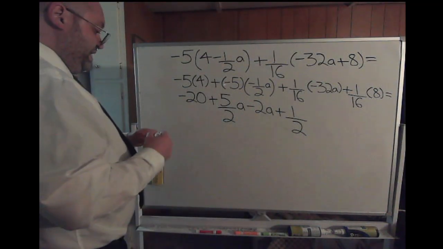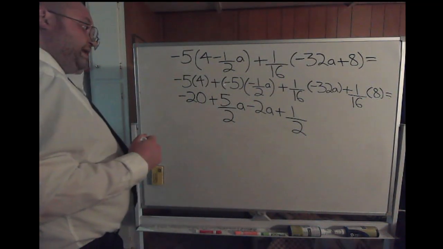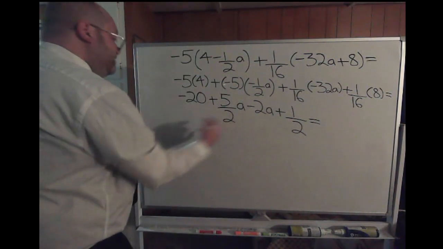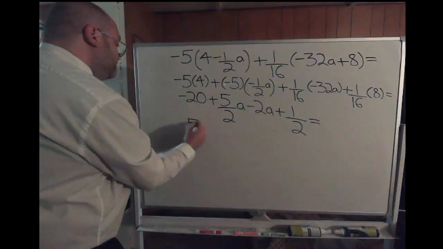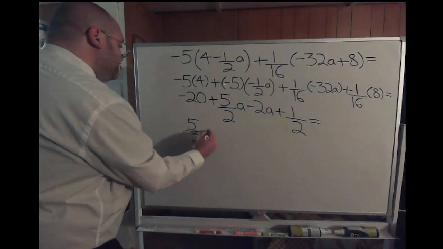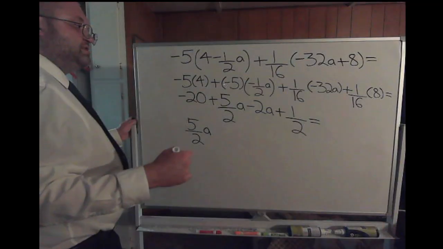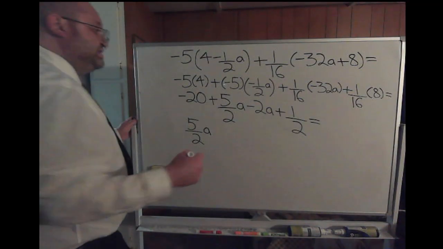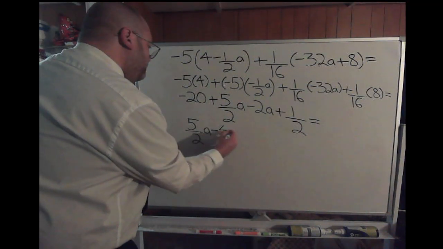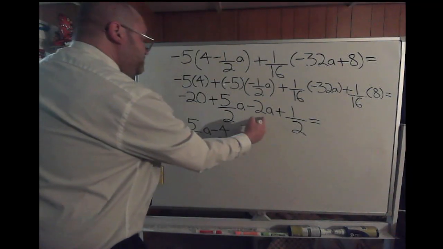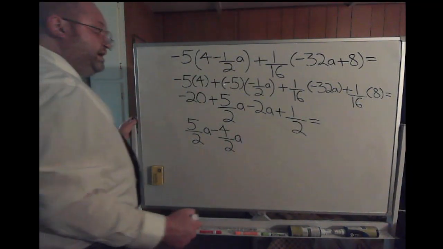So now we got to simplify these terms by adding them together. If I were you, I would arrange the variables first. So you'll have 5/2 a minus 2a. Well, what's 2 in terms of a denominator of 2? It's 4. So you'd have 4/2. You'll have minus 4/2 a because 2 is also 4/2, right?